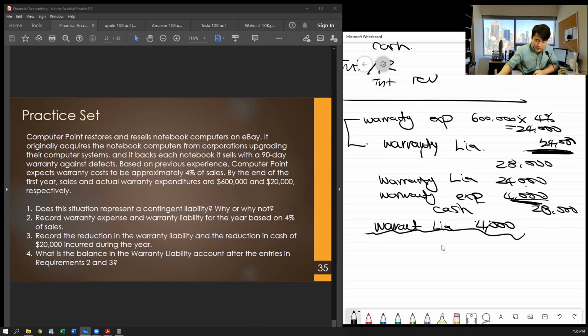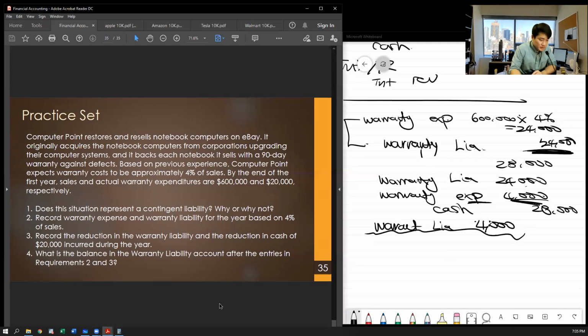So you're reporting additional expenses with respect to the warranty. Any other questions? Okay, so we closed the warranty.